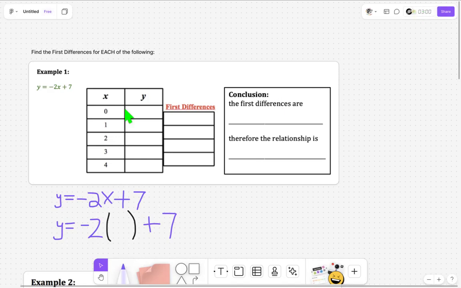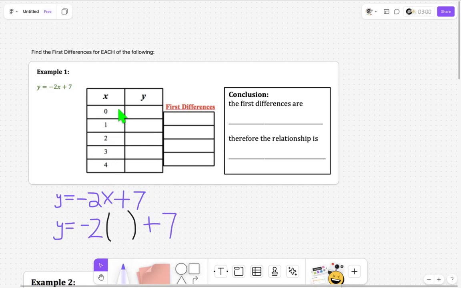So the first thing we're going to talk about is how do we complete a table of values when we have an equation? So you can see I have this equation y is equal to negative 2x plus 7. You always have to start with your x values, and when you're picking your x values, you have to make sure they're going up in a consecutive manner.